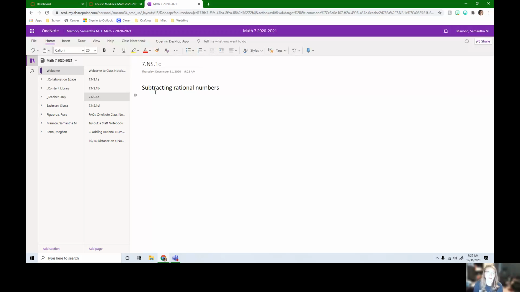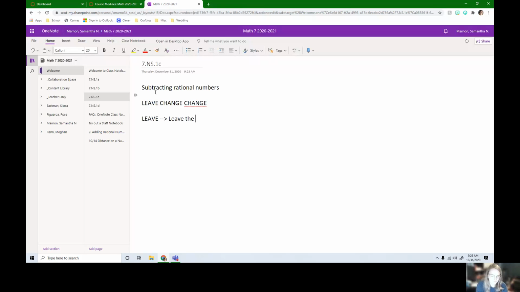The big hint I can give you for this one is the rule leave, change, change. Leave, change just means we're going to leave the first thing, change minus to plus. So if we're subtracting, we're going to change it to adding, and then change the other number from positive to negative or negative to positive.